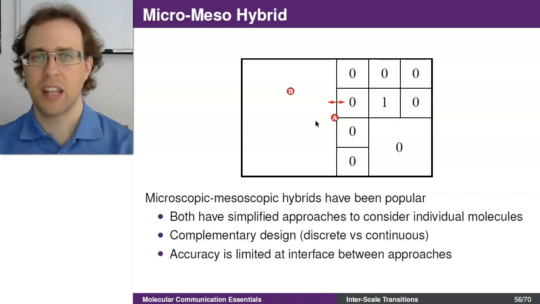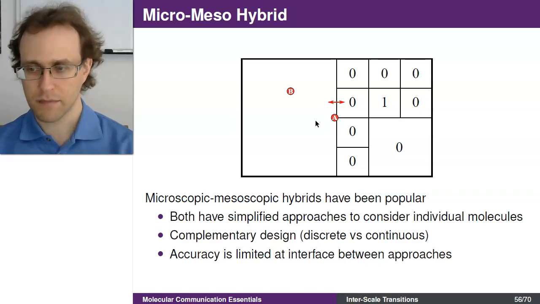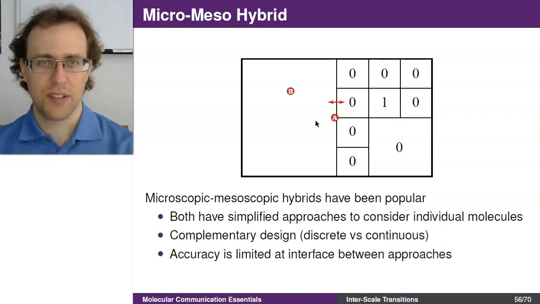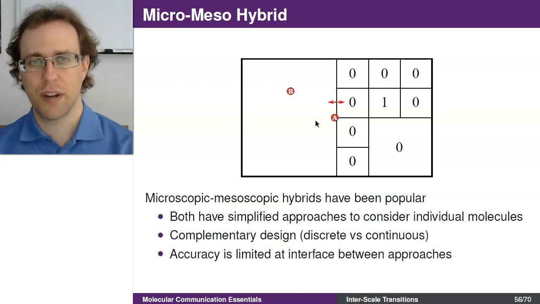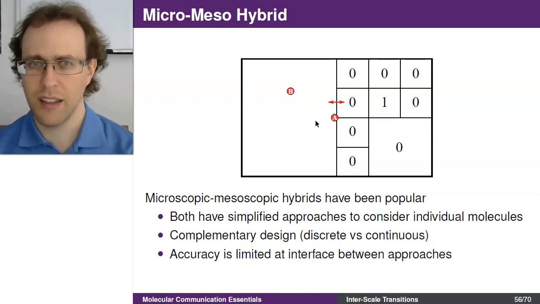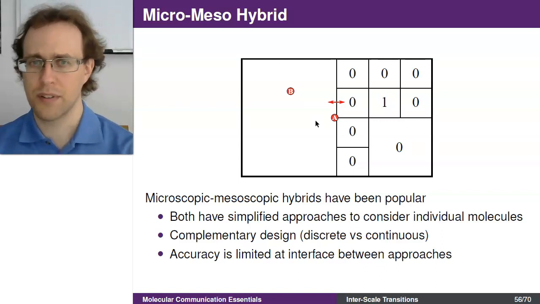If you have a simulation where you have a microscopic region around, let's say, a particular receiver, you might want to increase the size of that microscopic region a bit relative to the size of the receiver so that you don't lose too much in the inaccuracy of the transitions between the two regimes. I'm not going to cover the details of this, but there have been some papers covering these hybrid approaches, and I do discuss this in some detail in the simulator paper for the Accord simulator.